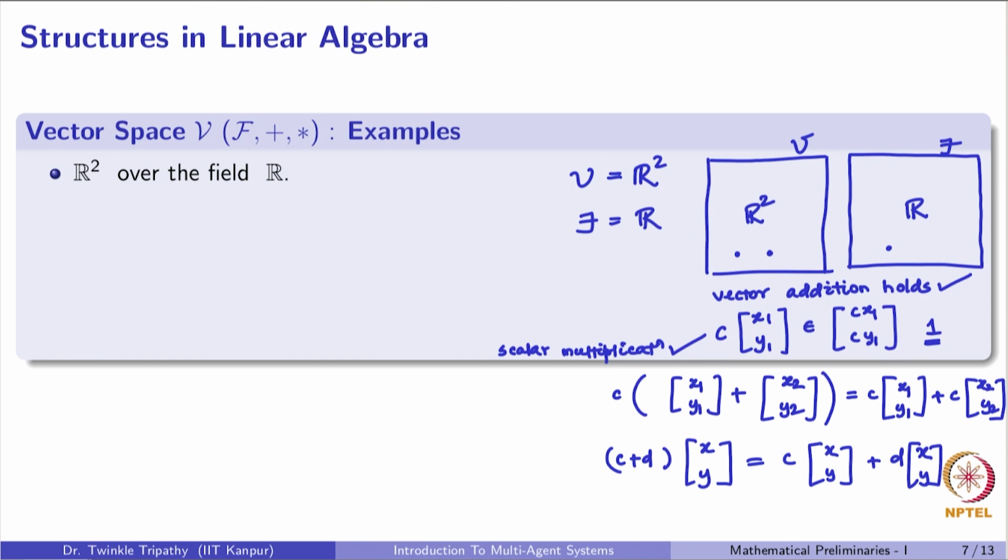So the third category, which is distributivity, also holds. WRT is something that is commonly written for with respect to. Hence, I know that the set R2 over the field R is a vector space.